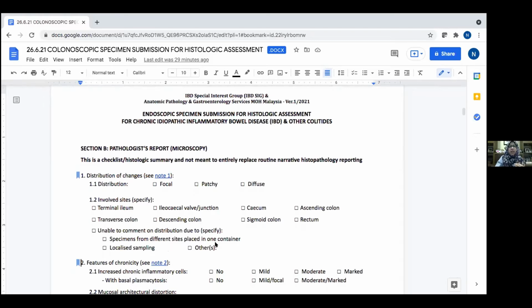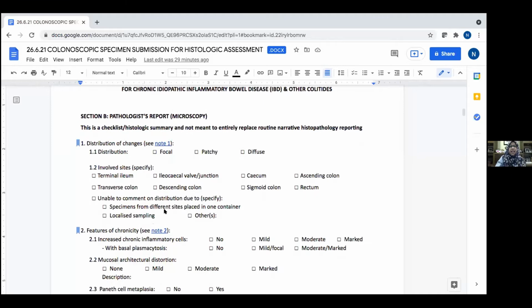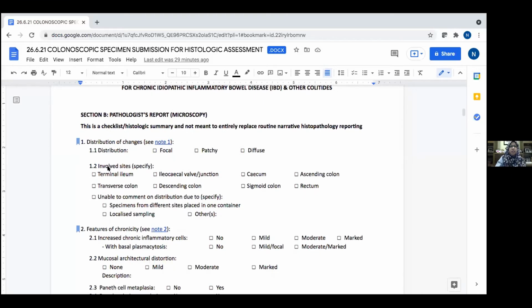The first thing we want you to record is whether the distribution of the changes you see overall, once you have completed your assessment, is focal or patchy or diffuse, and you just tick the sites that are involved, depending on the specimens that are submitted.